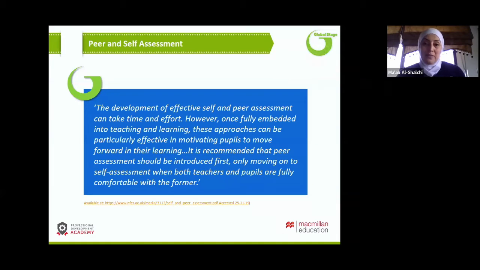And so this is why peer assessment is very important at the beginning, because you might have some, let's say, shy students, ones who don't want to participate, don't want to talk, and so they start pushing each other, and they start having the shared idea, and so this actually builds confidence in both students, the one who's a little bit more active than the other one, and of course the other one who doesn't want to share at the beginning, but will eventually, gradually start to.